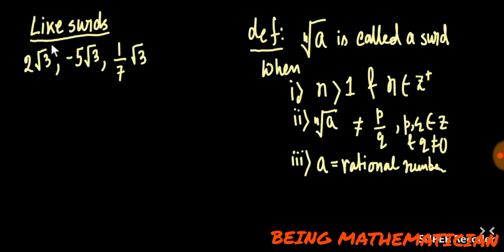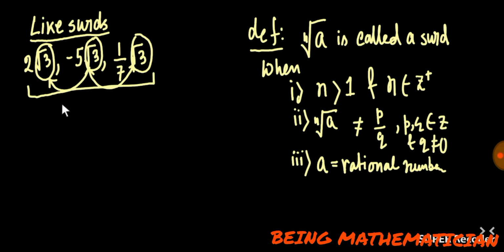Observe that the root part of the numbers are the same in these three numbers. So when this irrational part of the number is the same, then the surds are called like surds.